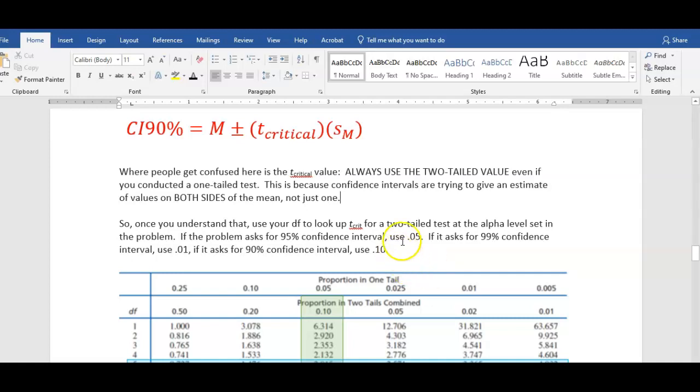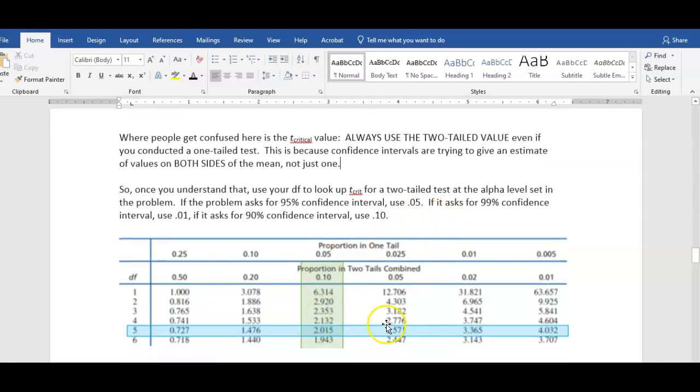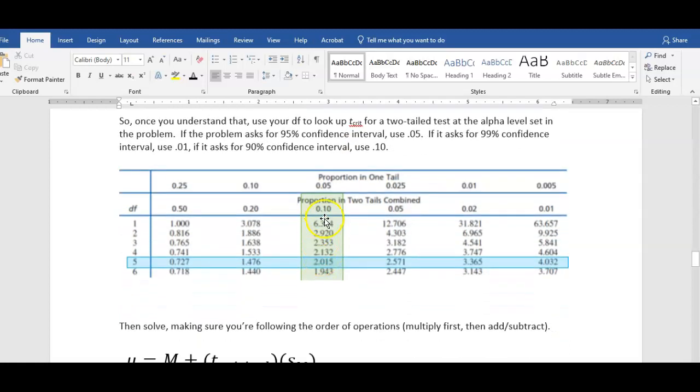Okay, once we do that, we can look. We have degrees of freedom of 14, but I want the two-tailed test with alpha set at 0.10, highlighted in green here.